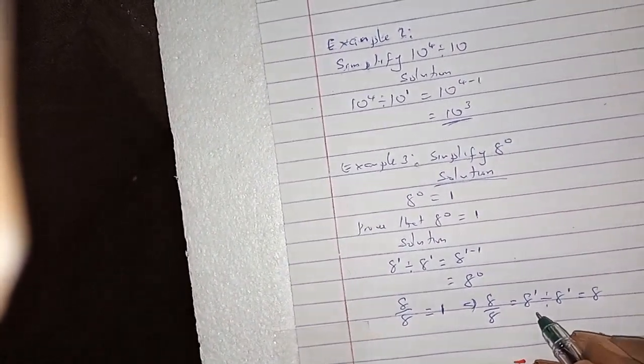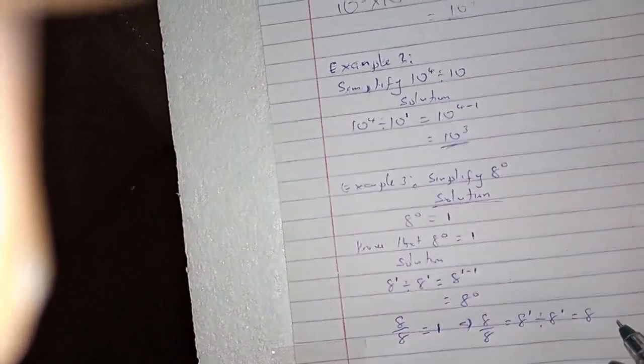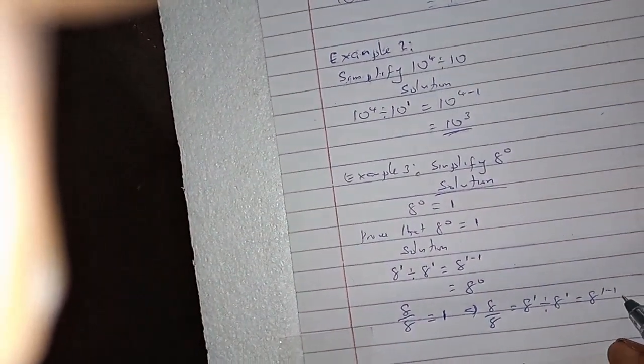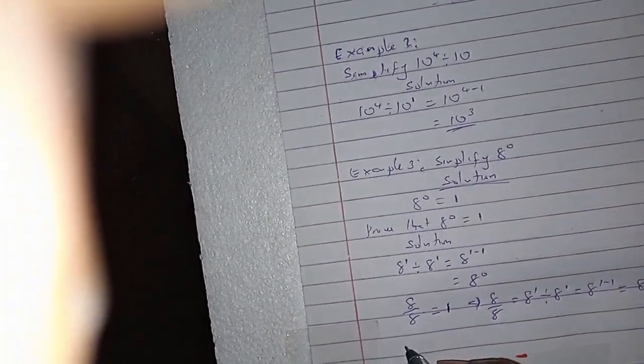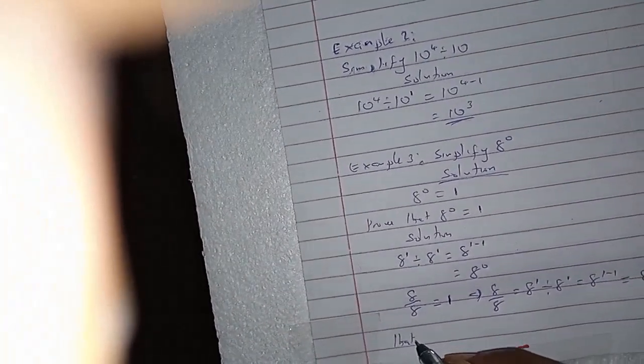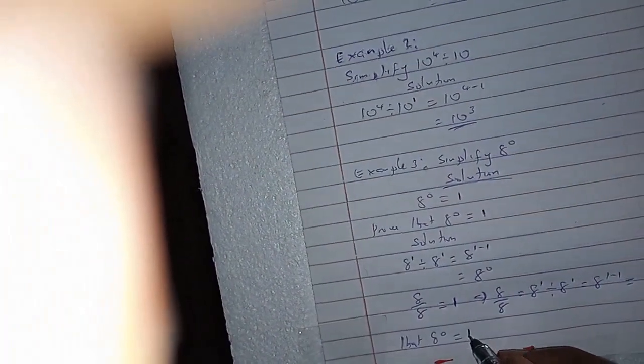Since the bases are equal and the sign between them is division, we subtract the power. That means 1 minus 1, which gives us 8 raised to the power of 0. That proves that 8 raised to the power of 0 is equal to 1.